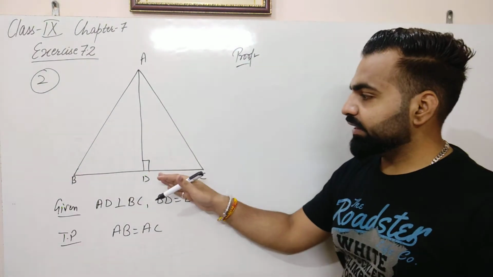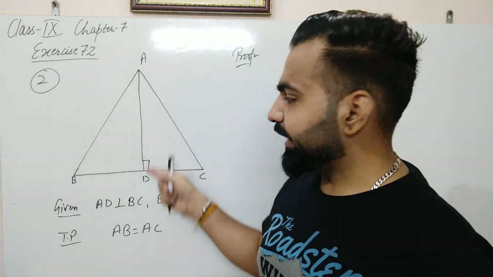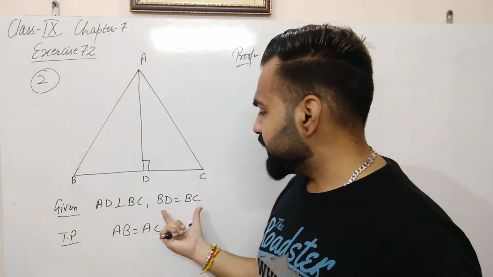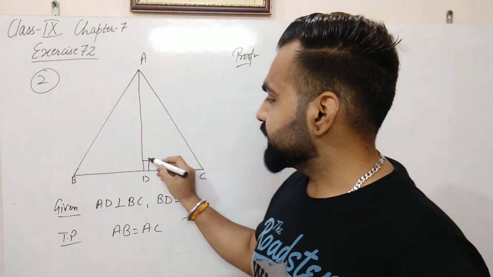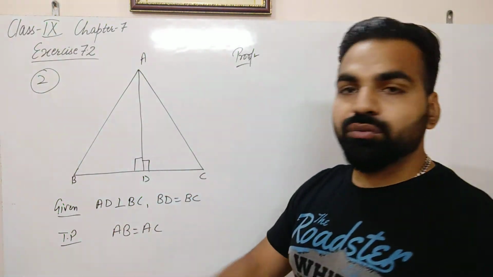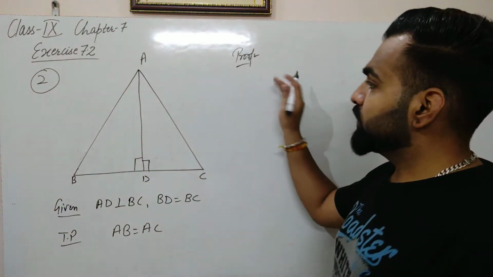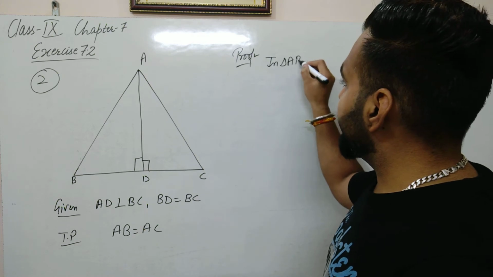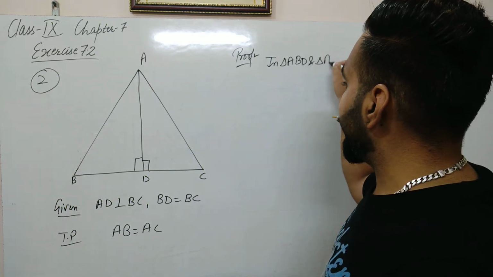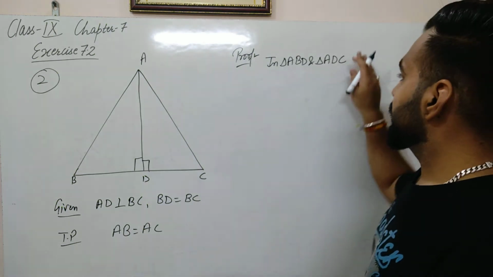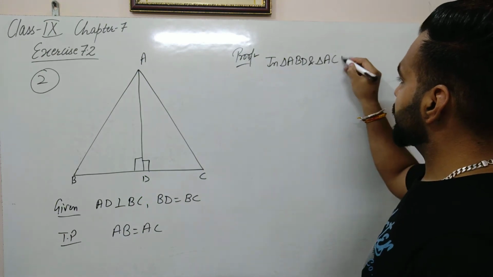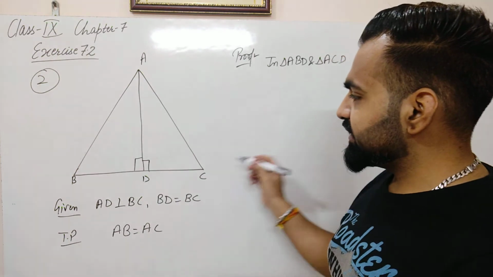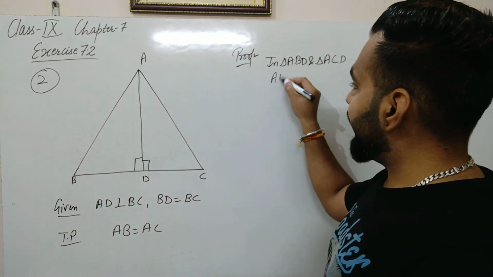Second question, triangle ABC is given, AD is the perpendicular bisector, that means AD is perpendicular to BC and BD is equal to CD. Clear? We have to prove AB equal to AC. Very simple question. So in triangle ABD and triangle ACD, now see what is given. AD is equal to AD, common.